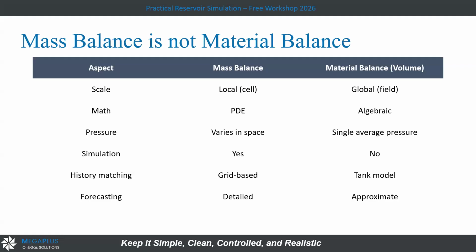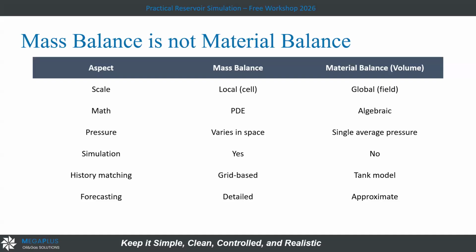For history matching, the mass balance is grid based, but in material balance we are dealing with what is called a tank model, made by software, as an example, MBAL or something. It is a 1D material balance equation, not describing cells, but it describes the reservoir as a whole object.